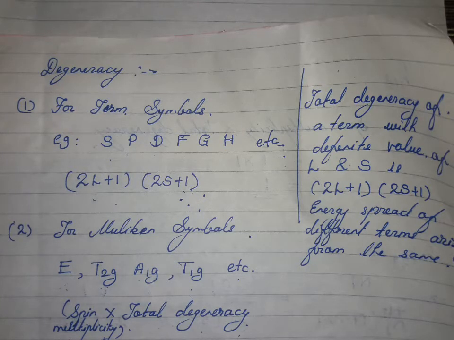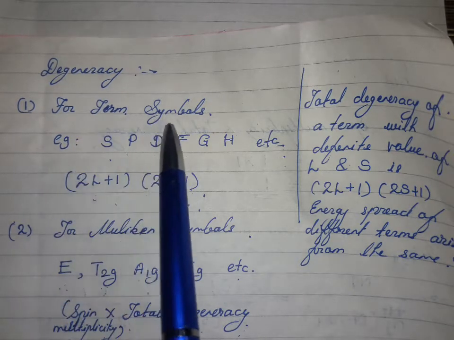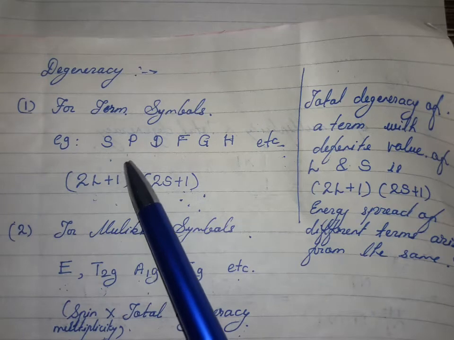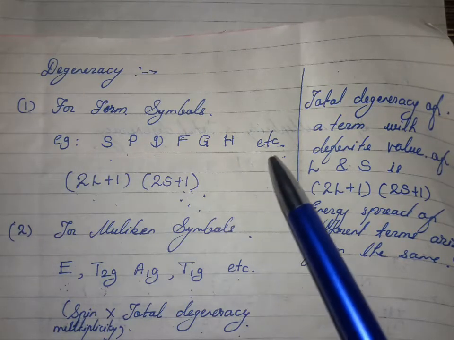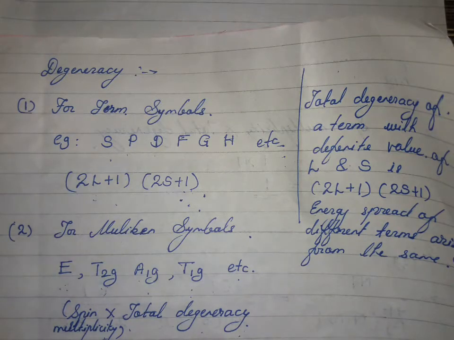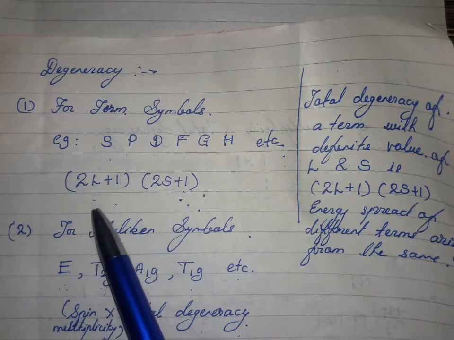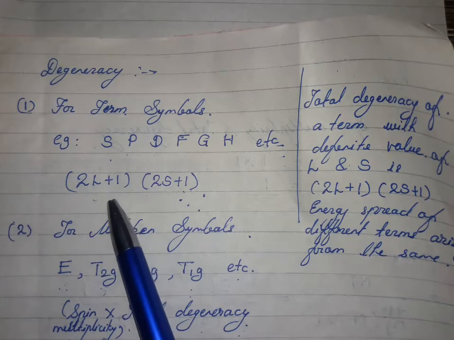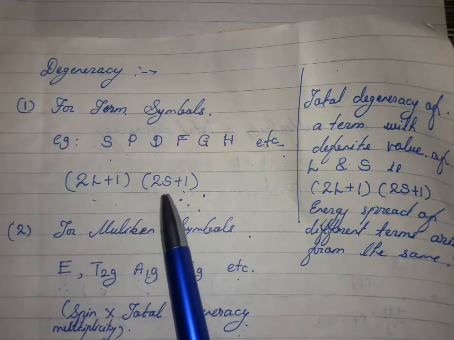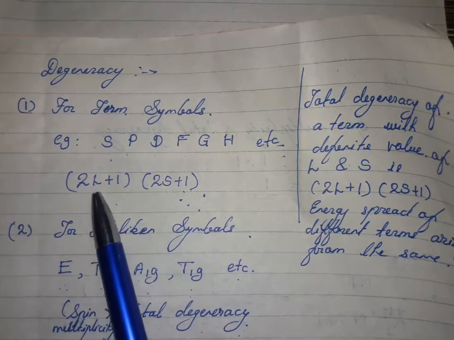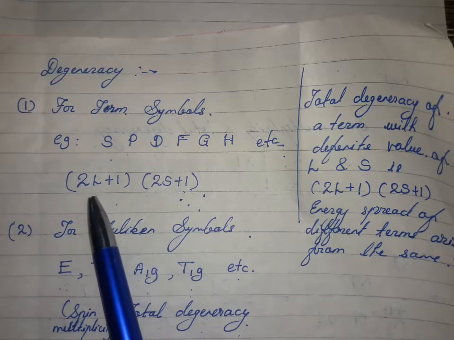Now let us discuss the degeneracy of different term symbols. There are different term symbols like S, P, D, F, G, H. We can calculate the degeneracy of these term symbols by using the formula (2L plus 1) into (2S plus 1). What are L and S?